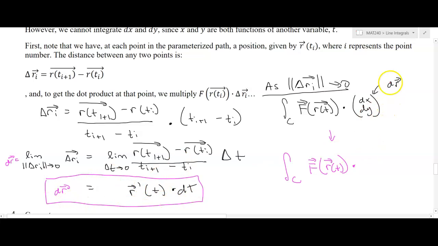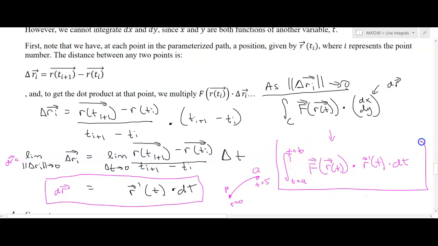So instead of using dr here, I could replace it with r prime of t times dt. And now my integral is over my initial time and my final time, t equals a and t equals b, the time it takes me to get from P to Q. If this was t equals 0 and this was t equals 5, then my limits would be from 0 to 5.